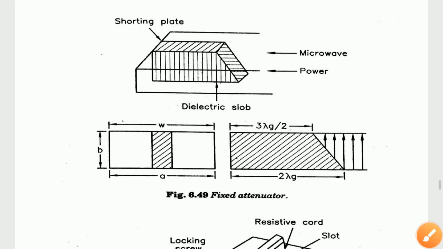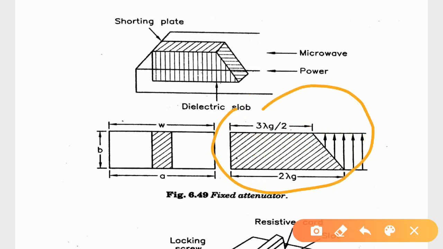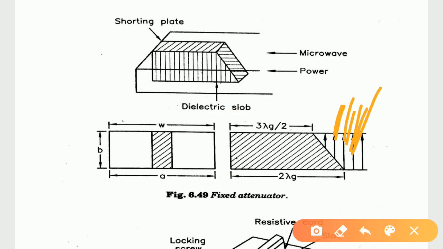So by providing input of the microwave to this dielectric slab, only this signal will pass through this attenuator, and the signals which are incident on this dielectric slab will be blocked, or attenuated. So by watching this figure you can easily determine the quantity of signal which can be passed through this attenuator.